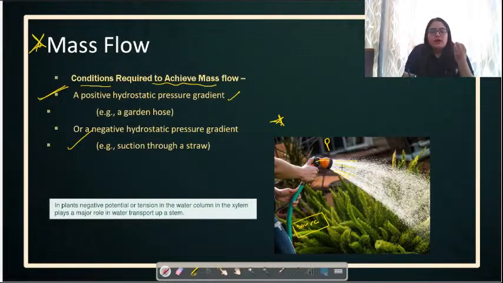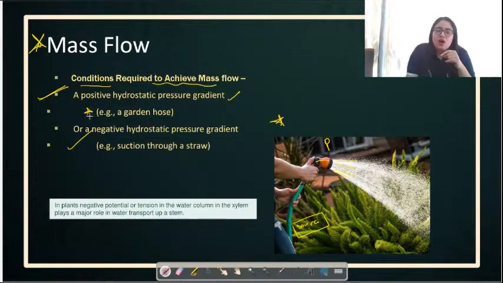So in a garden hose, there is a positive hydrostatic pressure gradient, because of which water comes out and flows to another region where there is low pressure, right? So this is how a positive hydrostatic pressure gradient is responsible for the bulk movement of water molecules.